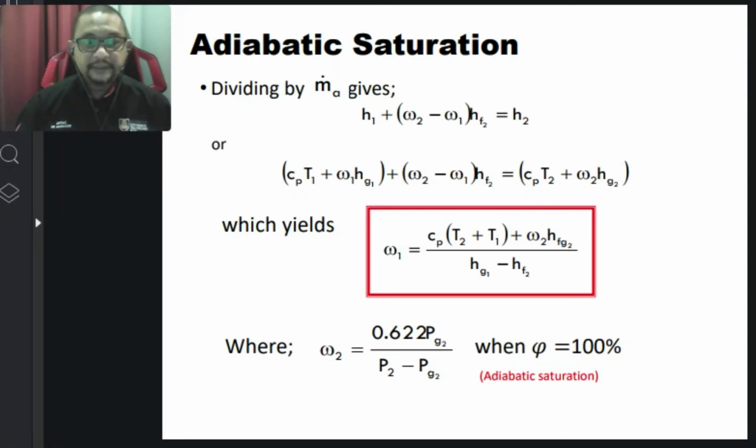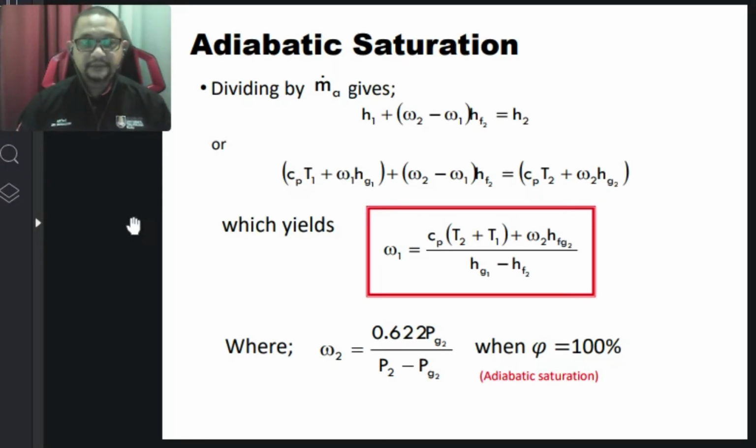If the air entering the channel is already saturated, then the adiabatic saturation temperature, that means T2, will be identical to the inlet temperature T1, in which the equation that I have defined here becomes omega 1 equals omega 2, right?